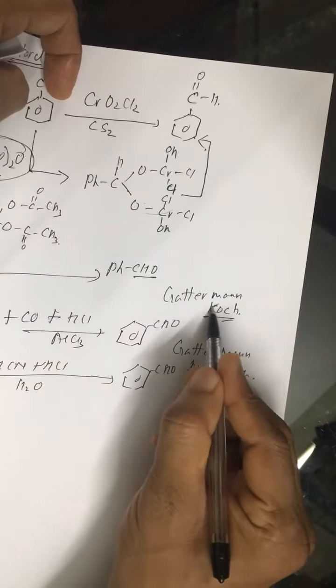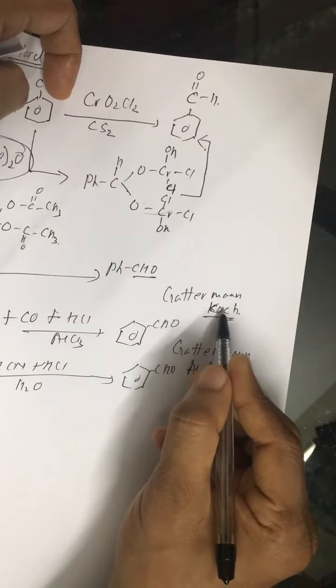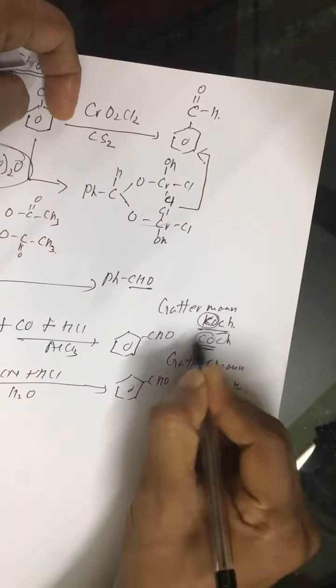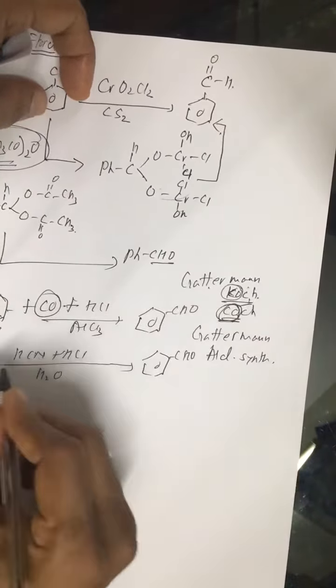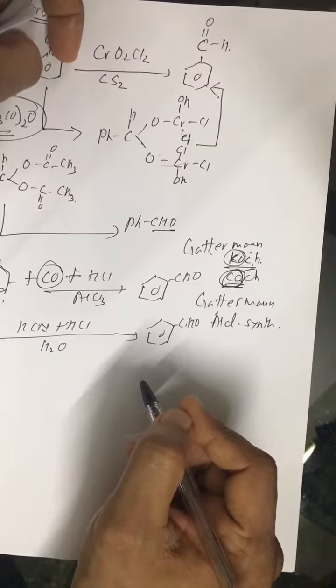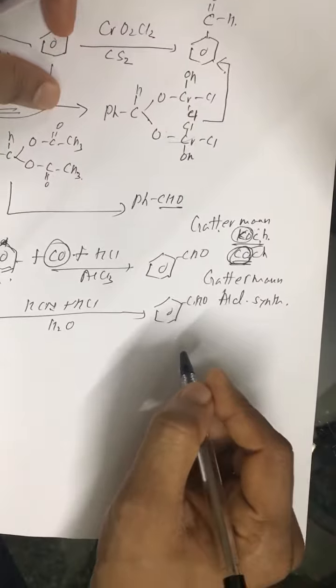Just remember the reaction in which Koch is involved. Let us suppose the spelling is COCH. So the reaction in which carbon monoxide is involved is called Gattermann-Koch, and the other one is called Gattermann aldehyde synthesis. Alright, so these are important reactions.